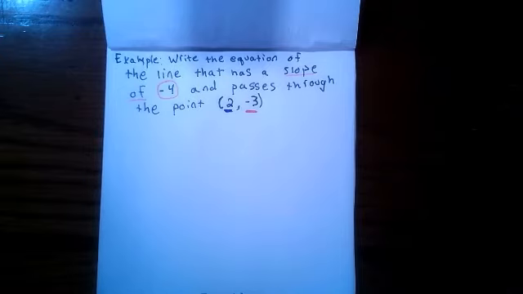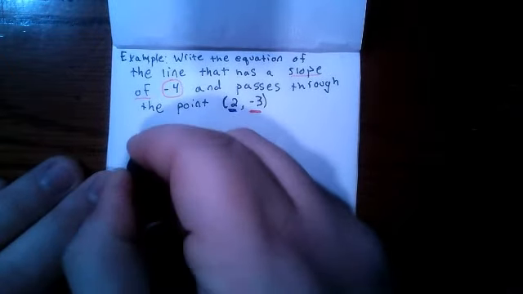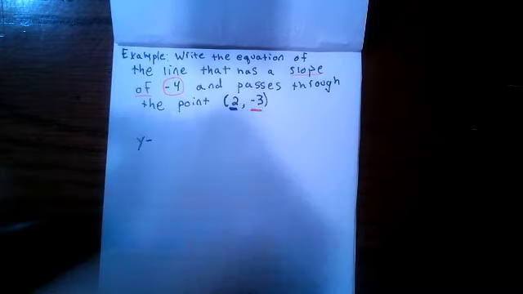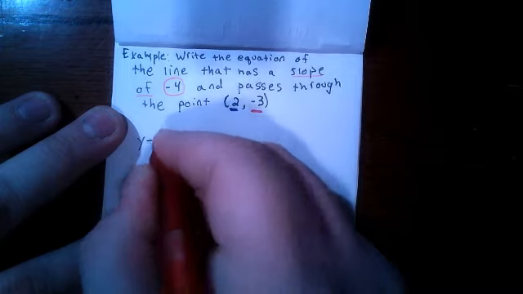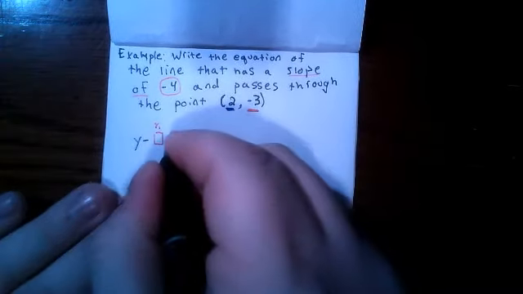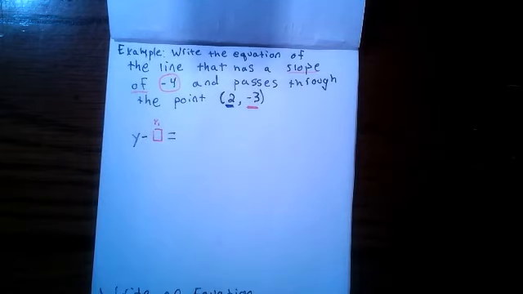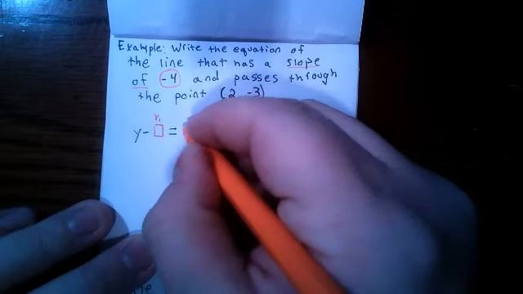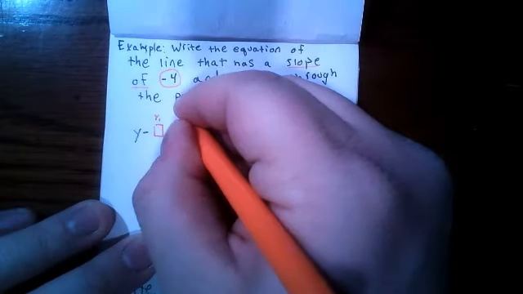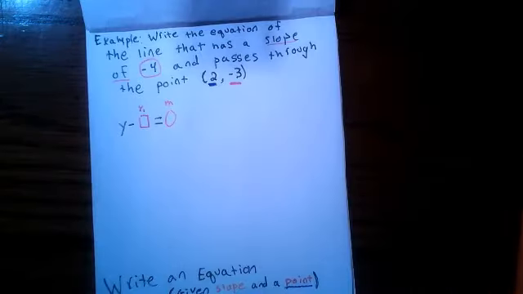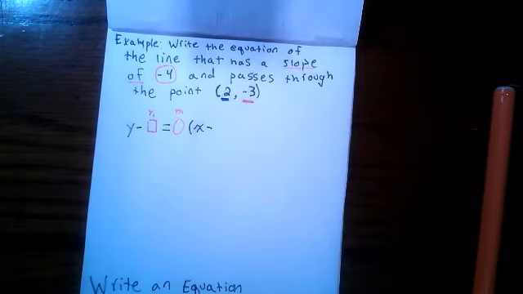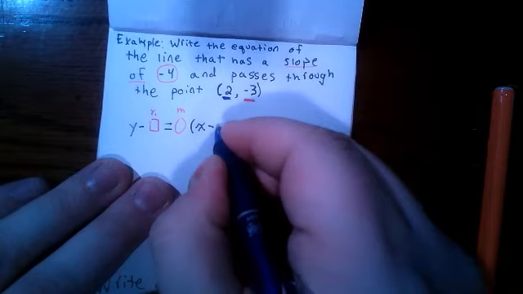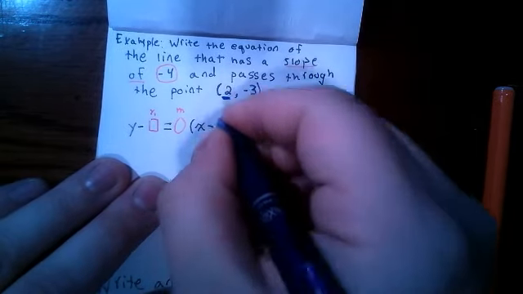So my point-slope form from the front is y minus y1 equals m times x minus x1.